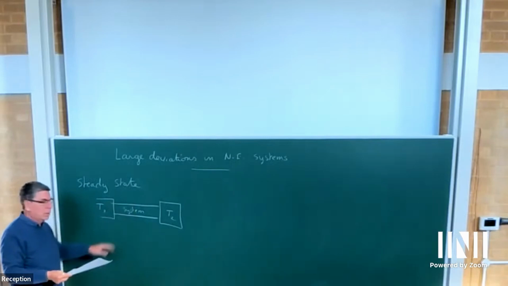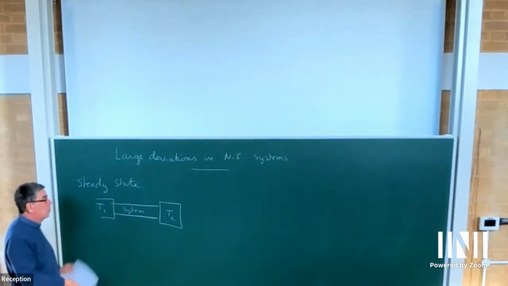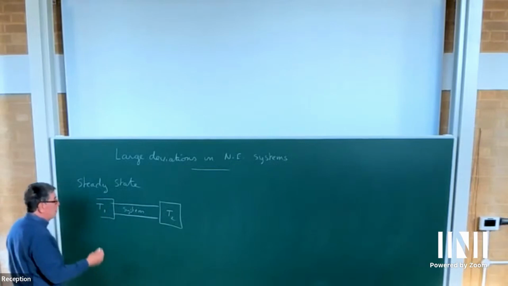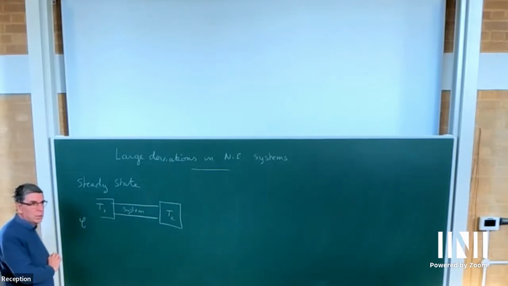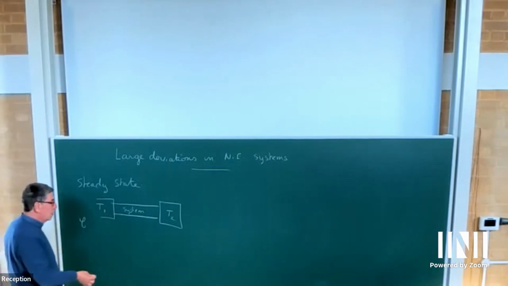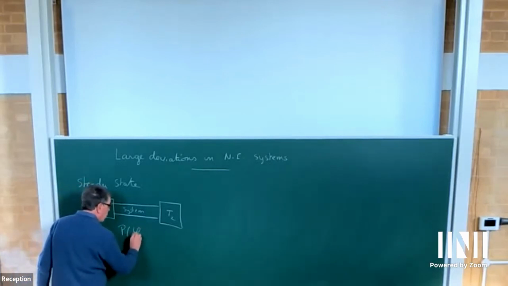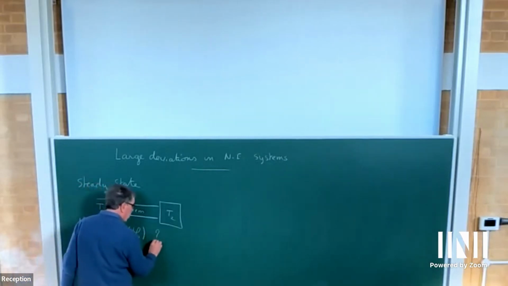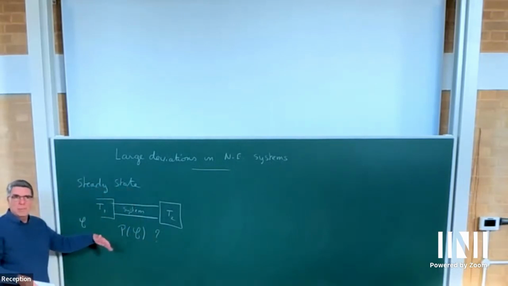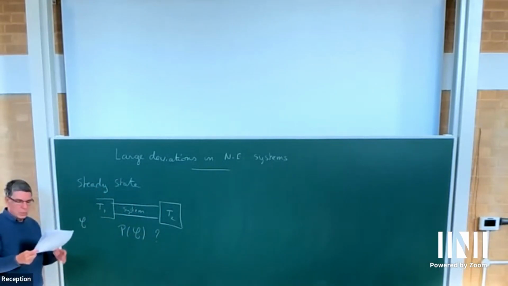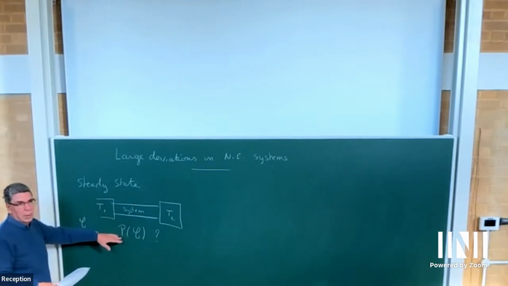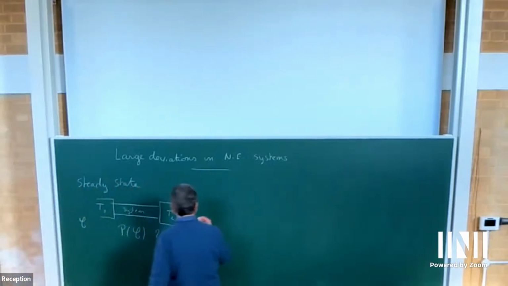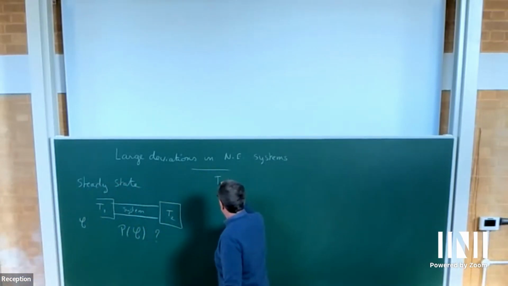So you start with essentially any configuration, and then you characterize some microscopic configuration. The main problem with the steady state is that you don't know what is the distribution of the configuration in general, except for some particular models that we will come to see better. But usually you don't know this distribution, in contrast with the case of equilibrium, when T1 equals T2 equals T.